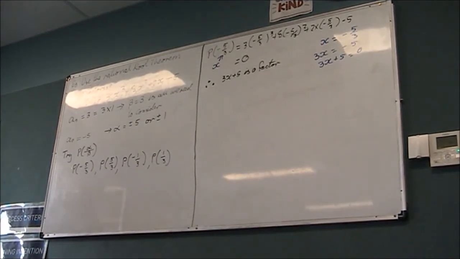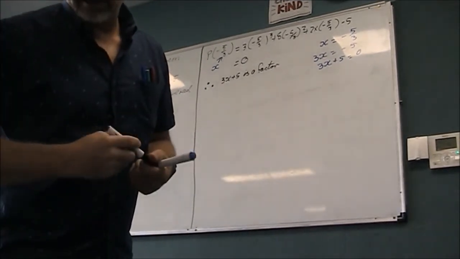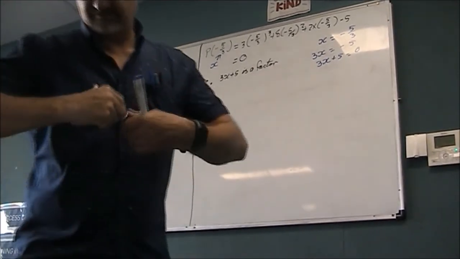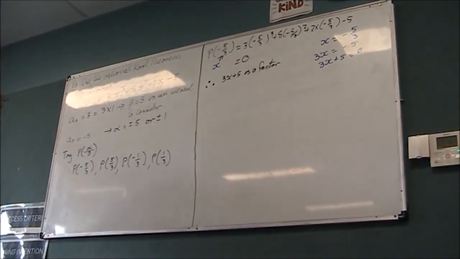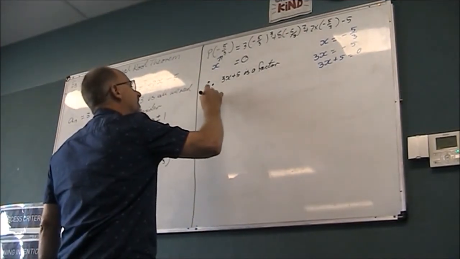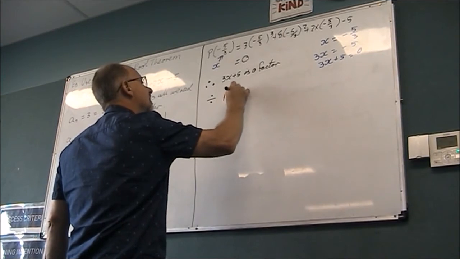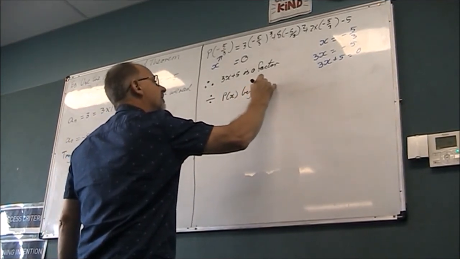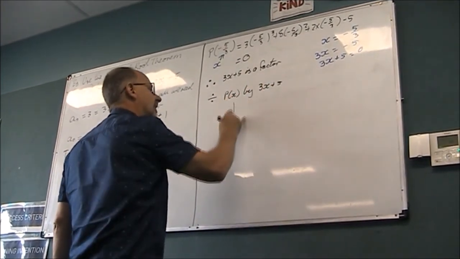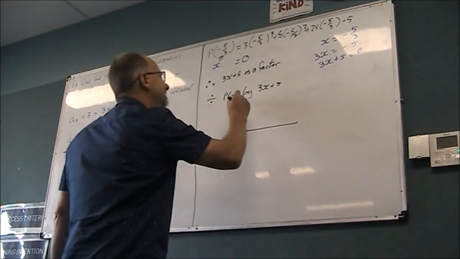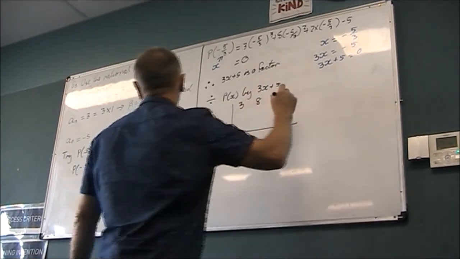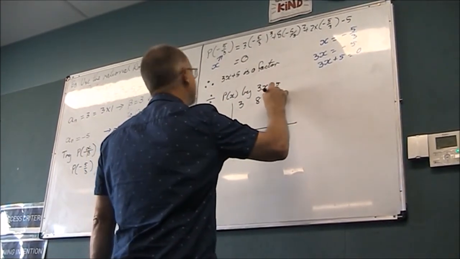Now the question's asked us to factorise. We found out what one factor is. To find out what the rest of it is, what do we need to do? We now need to divide P of x by 3x plus 5, and we can do that using synthetic division. The coefficients are 3, 8, 2 and -5.